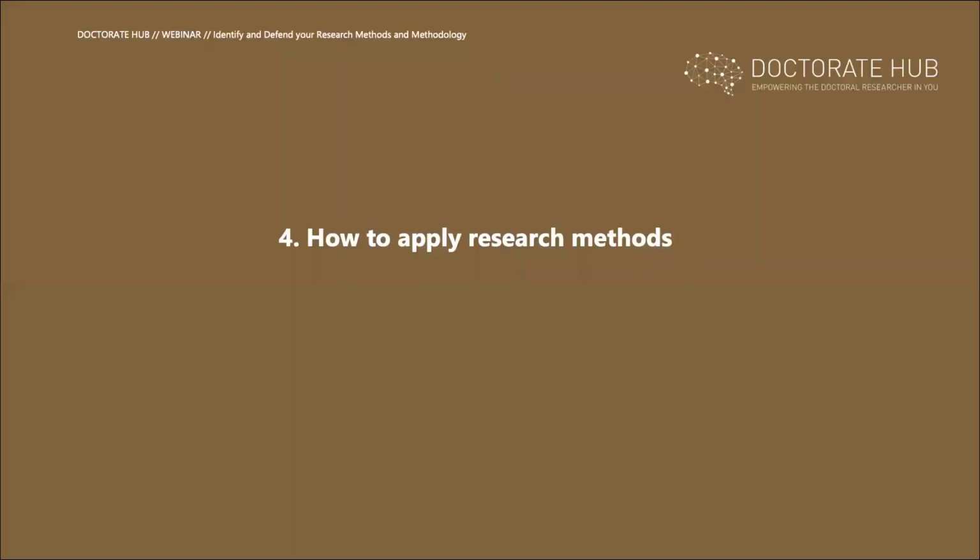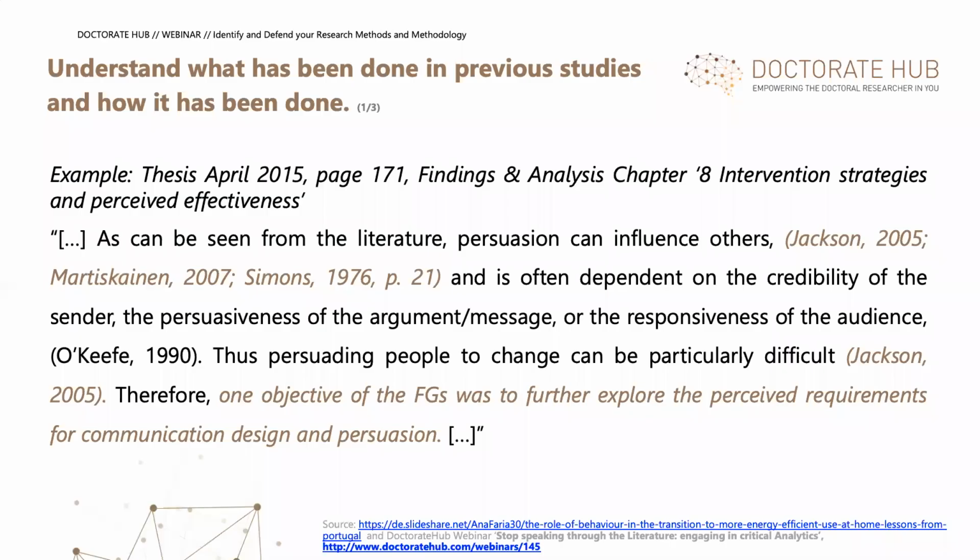So how to apply research methods? Now, if you understand what has been done in previous studies and how it has been done, then this is a straightforward way. Let's look at this example thesis. As can be seen from the literature, persuasion can influence others.